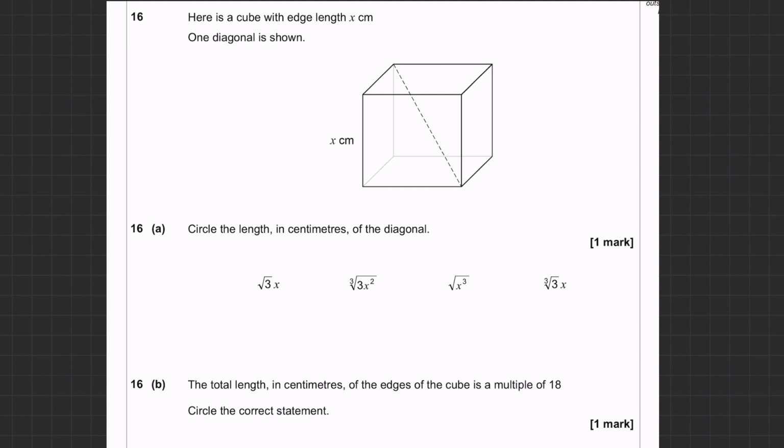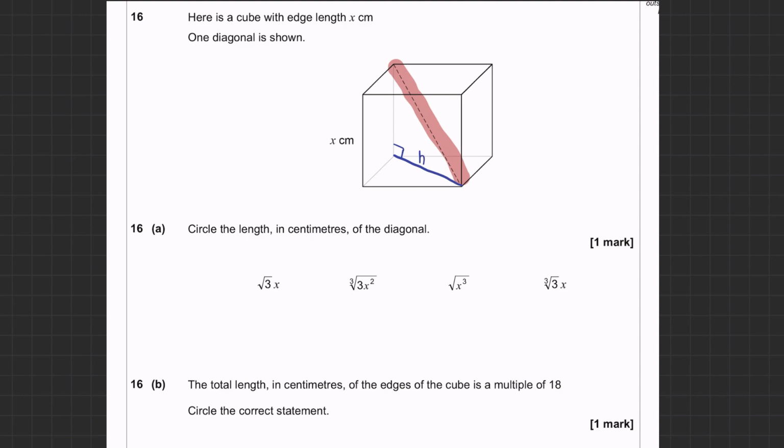So we've got this length here, which is the diagonal from one edge to the other. But in order to do that, we're going to want to find this. We're going to use Pythagoras for this. We want to find this length here, so we've got a right angle here. But in order to find that, it's going to be the hypotenuse of another length, which I'm going to use this length and this length. So I'm going to call this length h.